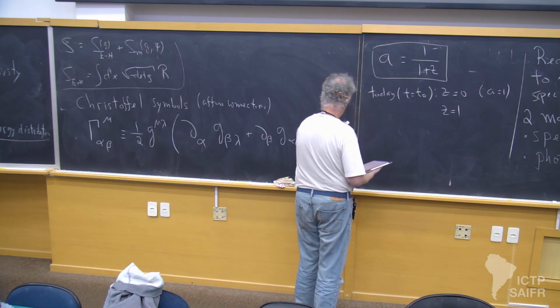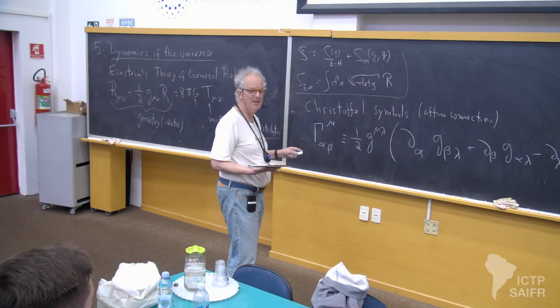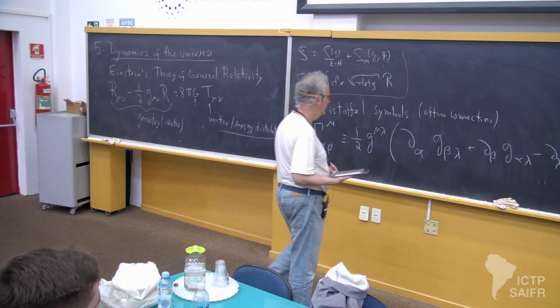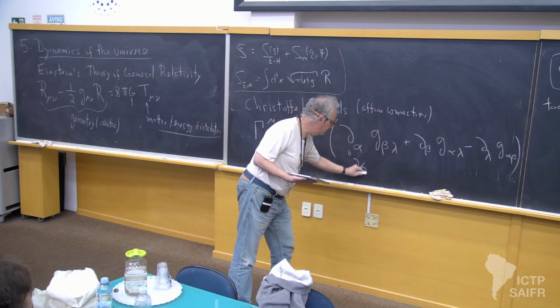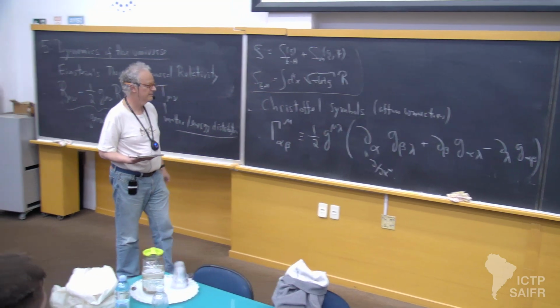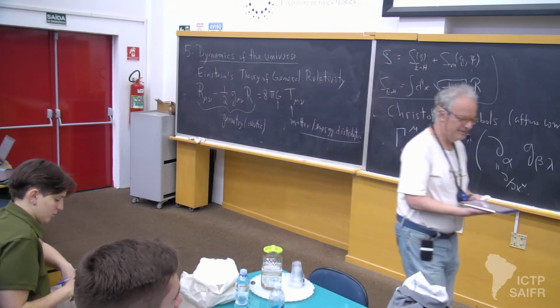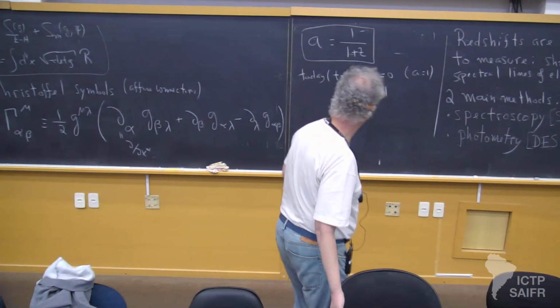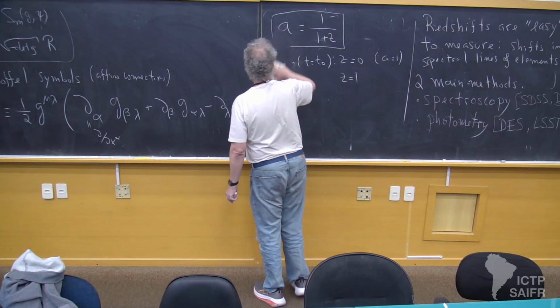You may find this complicated, but you will compute this for the Friedmann-Robertson-Walker metric. And this is just a shorthand notation for the partial derivative with respect to x. This is the Christoffel symbol, and from the Christoffel symbol you can construct the Ricci tensor.